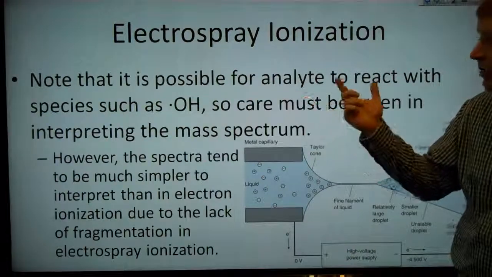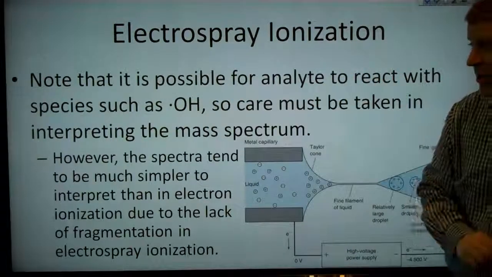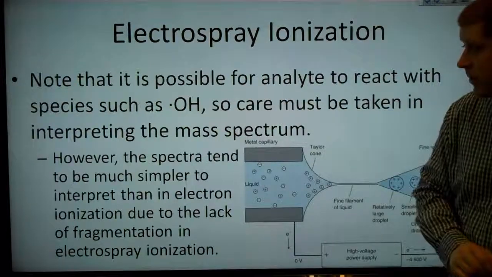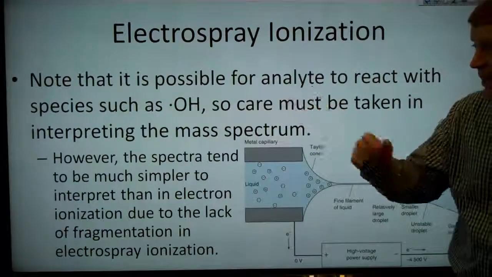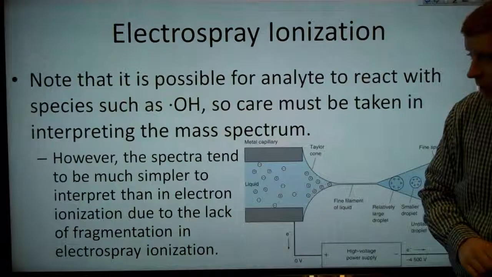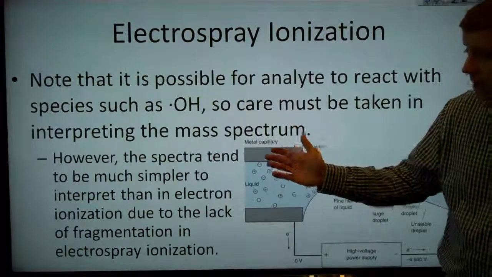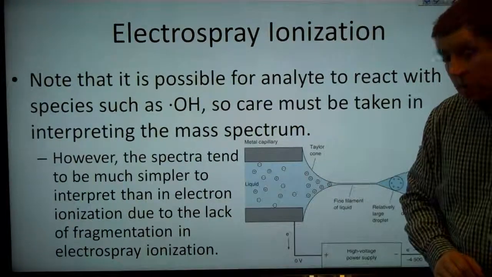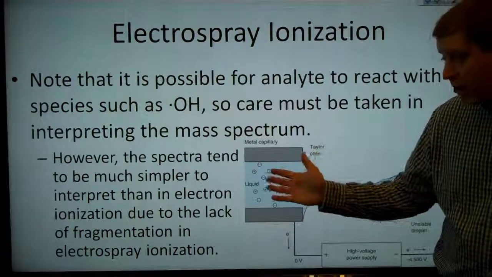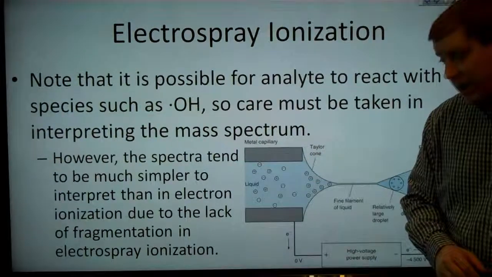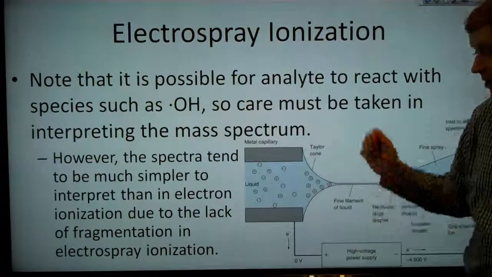So note that it's possible for the analyte to react with species such as the hydroxyl radical, so care must be taken in interpreting the mass spectrum. However, the spectra tend to be much simpler to interpret than in electron ionization due to the lack of fragmentation in the electrospray ionization process.